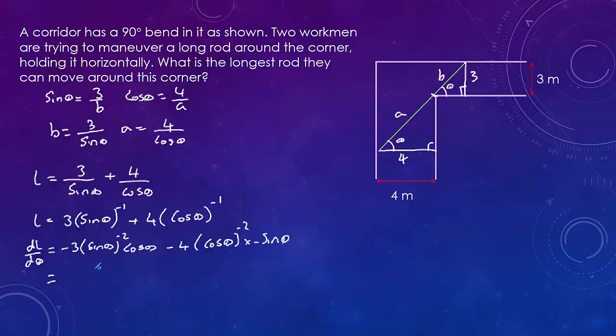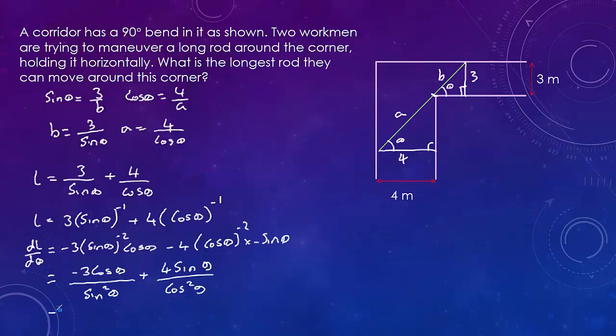So in actual fact, that's going to come to negative 3 cos theta over sine squared theta plus 4 sine theta over cos squared theta.